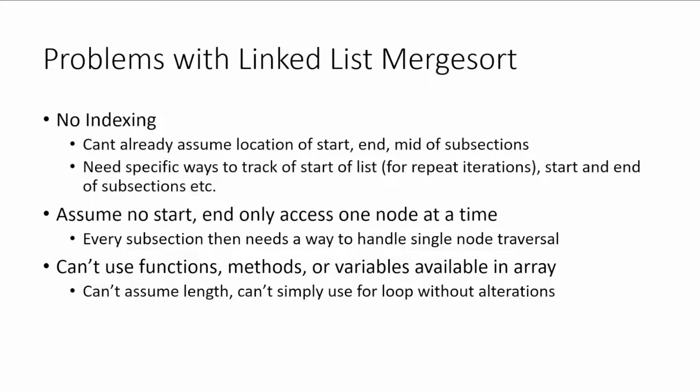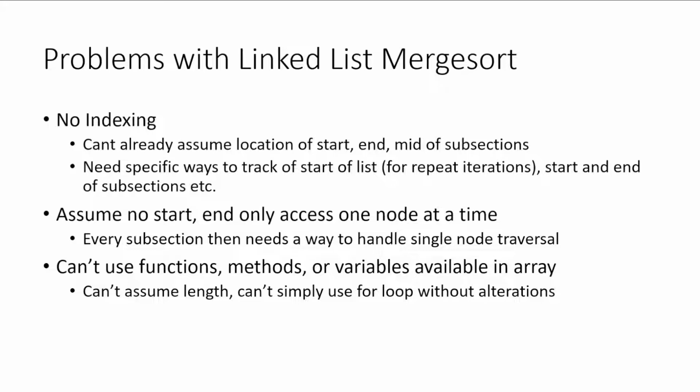Also, since there is no way to know the beginning or the end of that list, because there is no index, there needs to be a way to track the start of the list, and you can repeat that loop. And you also have to keep track of the start and end of certain subsections within this bottom-up merge sort approach.